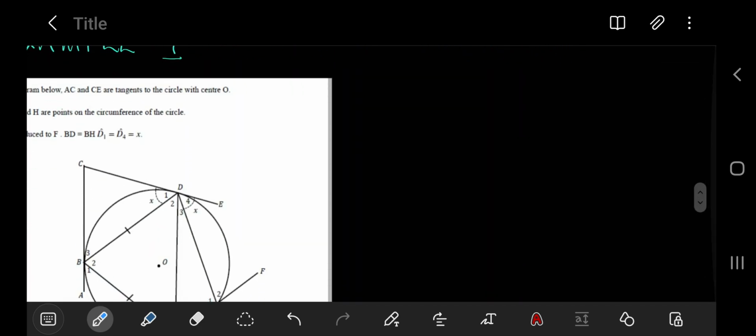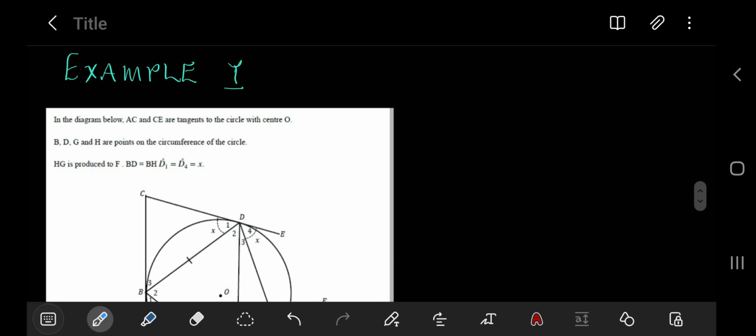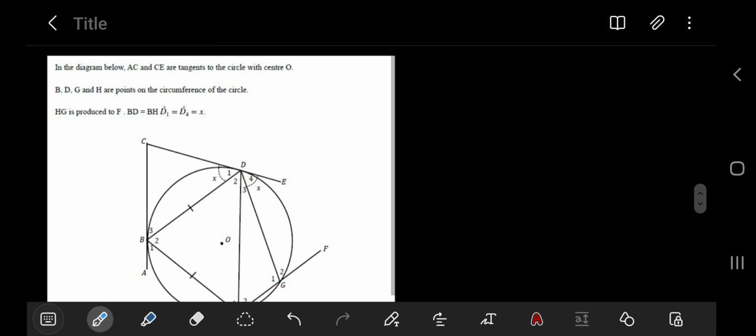So if we can check this example one here, they say in the diagram below, AC and CE are tangents to the circle, okay, with center O. B, D, G, H are points on the circumference of the circle.